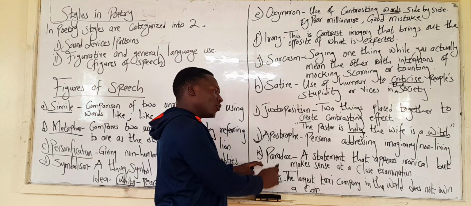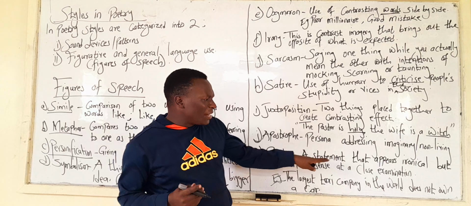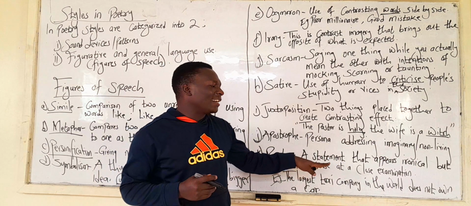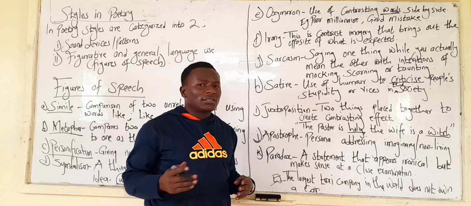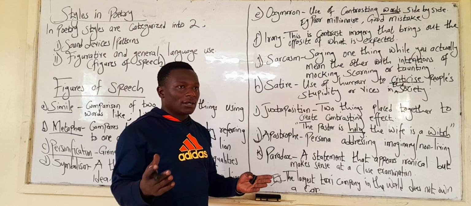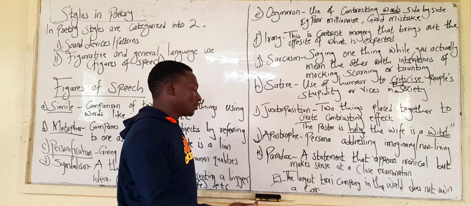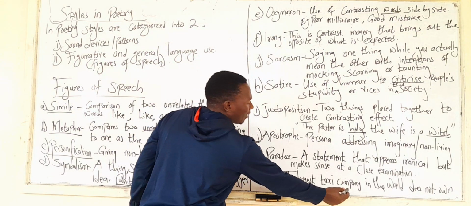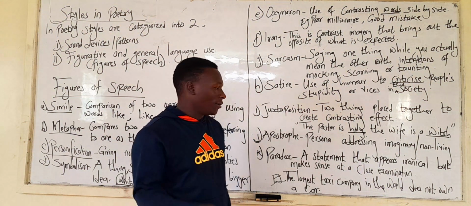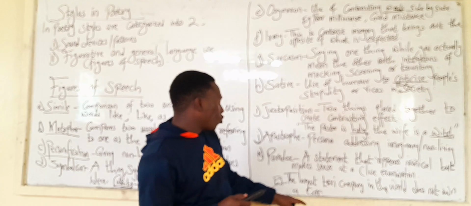In paradox, is a statement that appears ironical but makes sense at close examination. What do we really mean? An example is going to help us demystify this. The largest taxi company in the world, which is Uber, does not own a car.